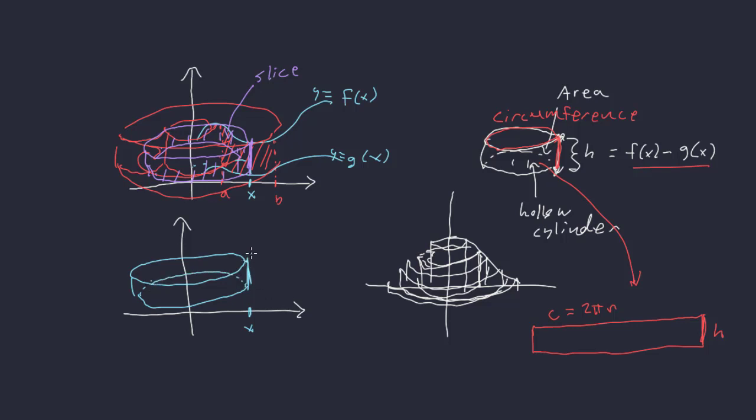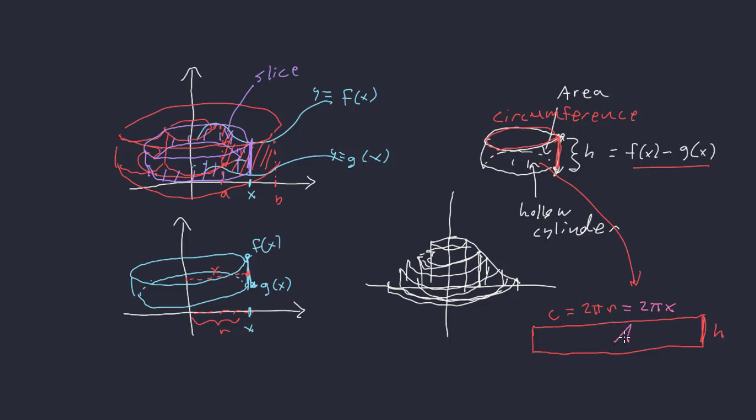This top point comes from f of x, this bottom point comes from g of x, and the radius is x, because that's how far we go from the center. So our circumference is 2 pi x.